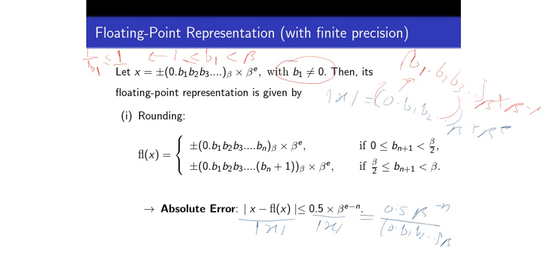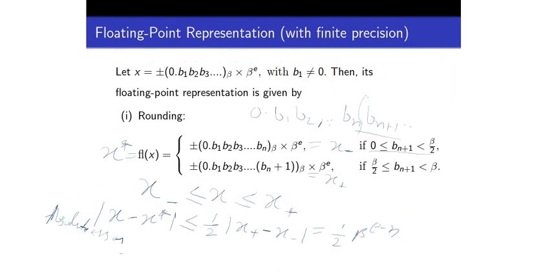Now what about this b1.b2 b3 and so on? See, b1 is less than or equal to b1.b2 b3 and so on.